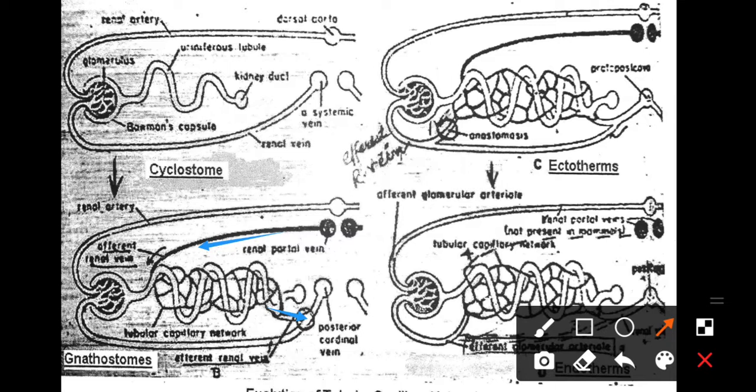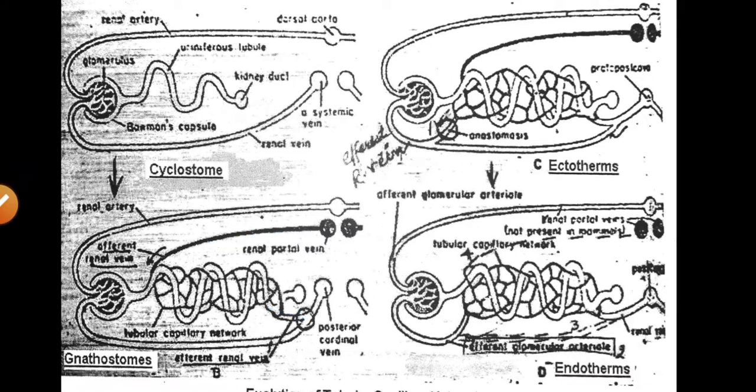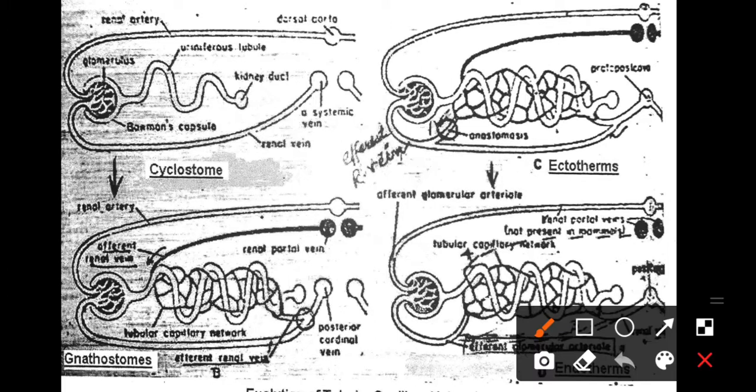Now if we go for the third stage, this stage is present in the ectotherms. In this stage, there is the formation of another anastomosis for this capillary network, present over here.